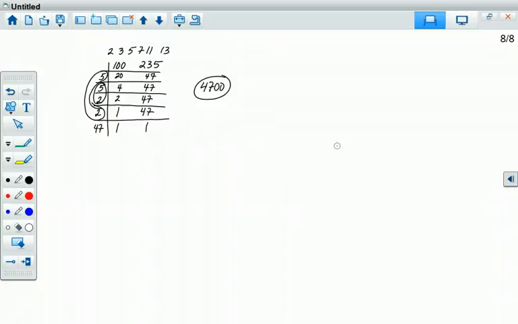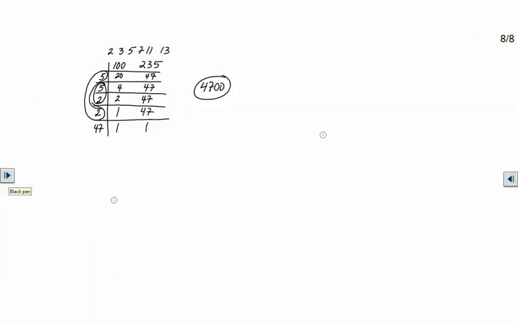Now, let's say that I give you a problem like this in the next section of fractions. And I say that I'm going to do 3 over 100 plus 7 over 235. Now you see those two denominators? Those two denominators are these numbers right here.